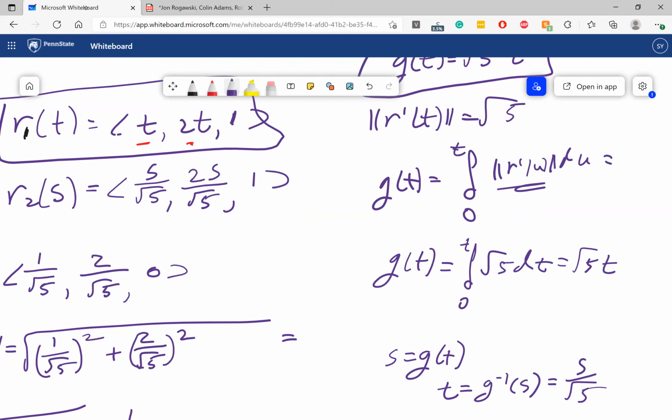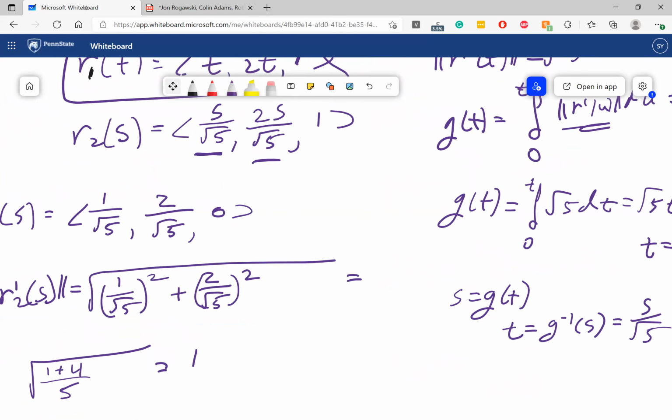If I set g(t) equal to s, then I just divide by the square root of 5 and I get t is equal to s over the square root of 5. Okay, and that's how you find your new parameter, which we did. We said, okay, take every time that I saw t, take s over the square root of 5. That's why you got this here and that there. And then we looked at the velocity and we got 1.